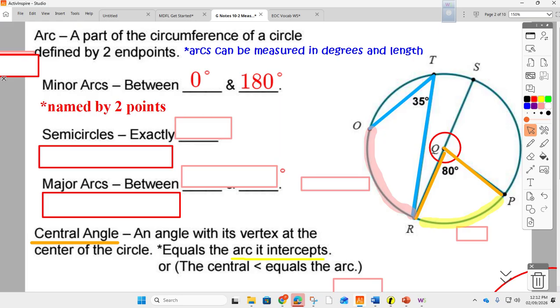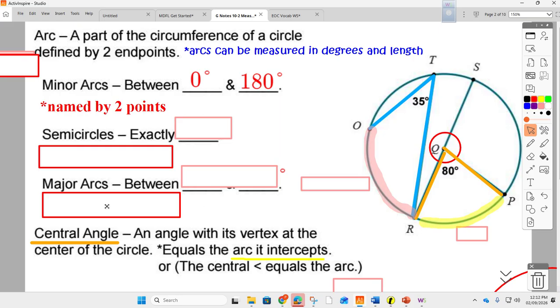So an arc has a beginning, we've got 2 endpoints, right? Now, arcs are always defined by 2 endpoints, but they're not always named by only 2 points. So we could name this arc RP, or arc PR, right?